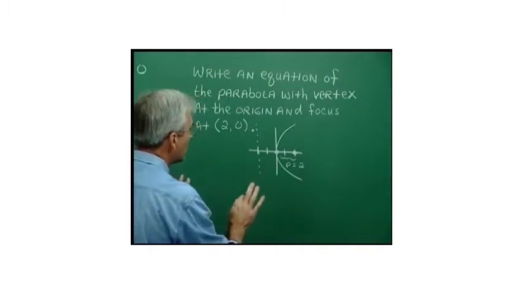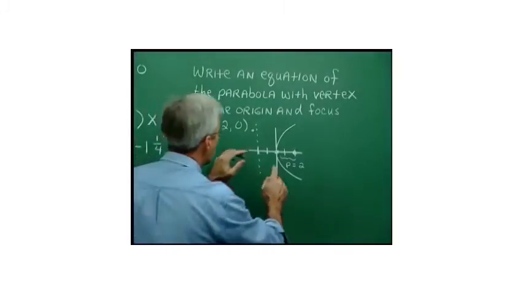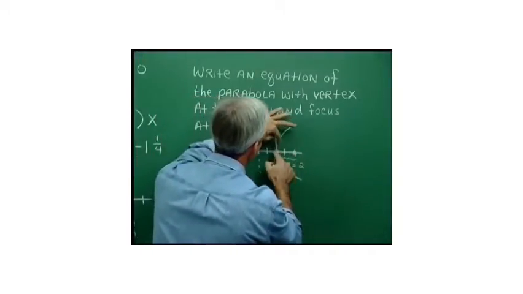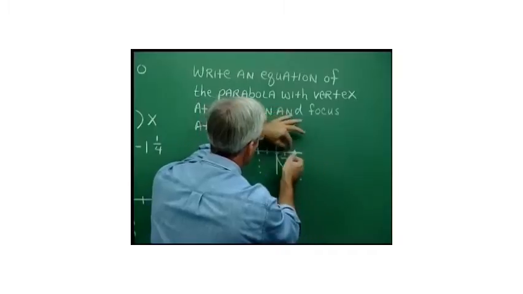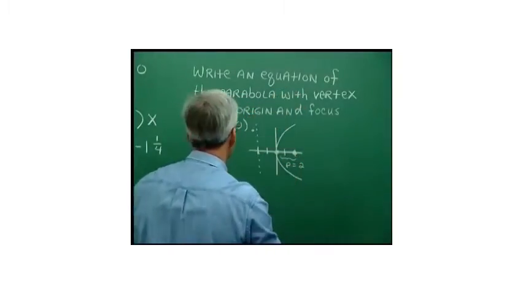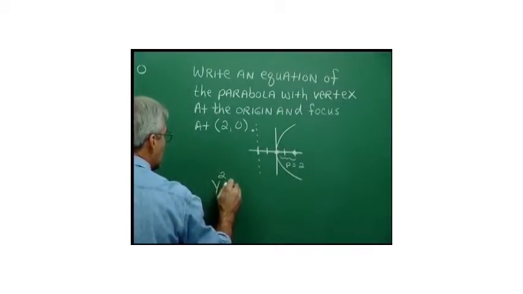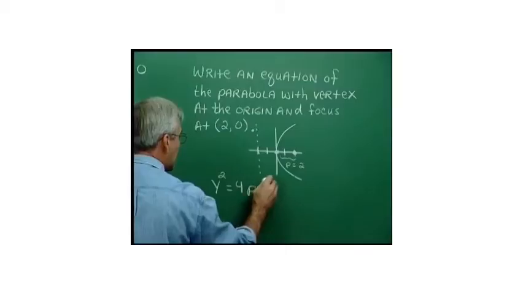Now we're ready to structure our equation. Now here's what we're noticing. We're noticing that one value of x, or any of the x values along here, are producing two values for y. So we have a y squared situation. So the nature of the equation is y squared equals 4px.